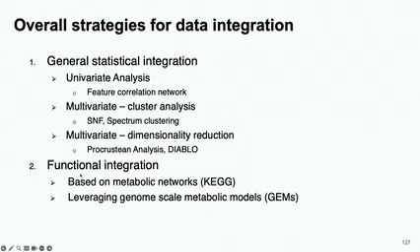Now, we also can do functional integration. Functional integration uses metabolic networks, and we can project data onto this metabolic network and see the genes, using the 2 different omics and projecting on the same visualization to see whether they are telling the same stories. So functional-wise, we have the KEGG network, a metabolic network.